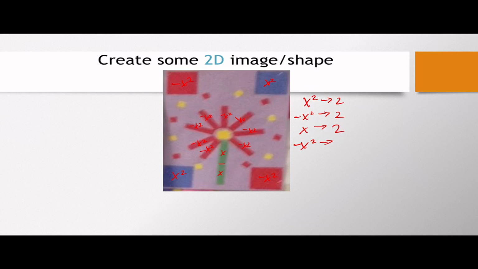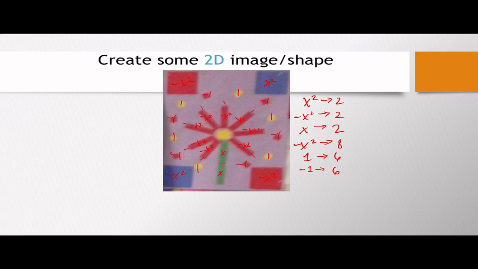So we have 1, 2, 3, 4, 5, 6, 7, 8. There are 8 of those. Next we have our single units, positive: 1, 2, 3, 4, 5, 6. 6 of those. And then negative 1: 1, 2, 3, 4, 5, 6. 6 of those.